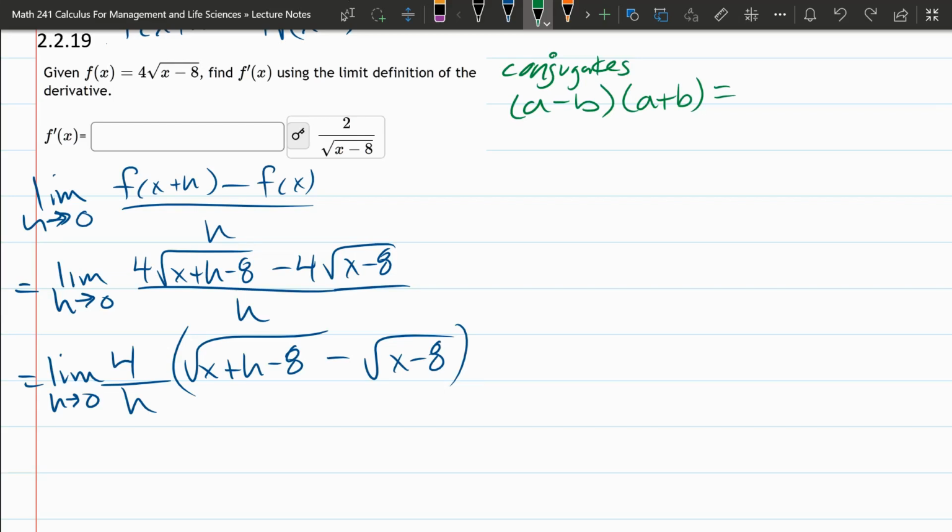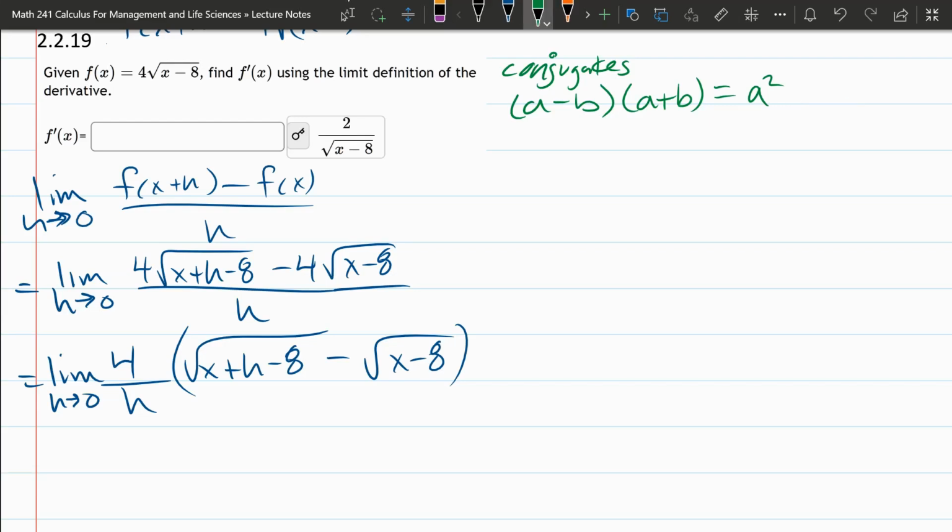And what is useful with conjugates is that when I FOIL them out, I get a squared. That's a times a. Outside, ab. Inside is negative ab. And those cancel each other out. So ab minus ab cancels out to 0.